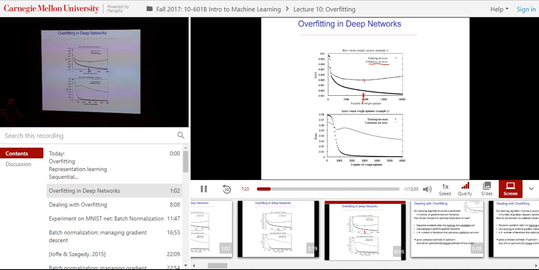In fact, if you're trying to debug code for training a neural network, a good sanity check, a good way to debug your code is to pick a training set that has just like 2 or 3 examples and train your network. And you should see the training error just decrease, decrease, decrease, and you should be able to perfectly overfit 2 or 3 examples with a complex network.